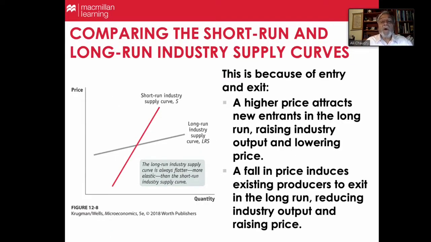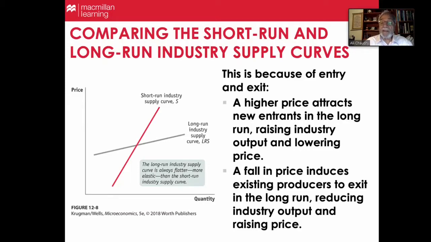So comparing the long and the short run, what do we have? We recognize that because there is free entry and exit, remember, that's by definition of a competitive market, firms will enter and exit as the conditions dictate. So a higher price will attract new businesses.